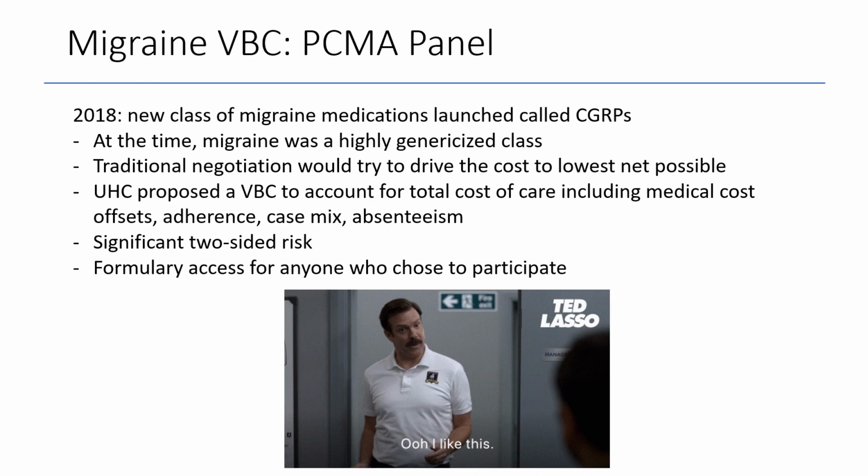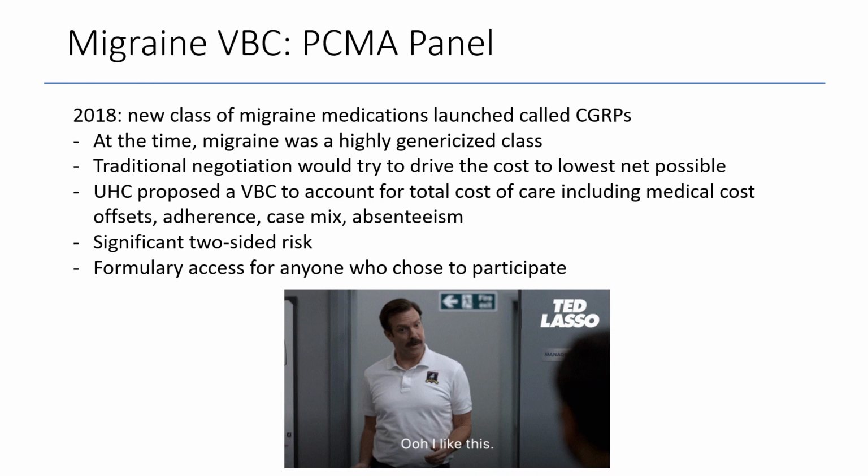And so the cost to treat migraines was not very high other than Botox. But it's pretty difficult to get, you've got to fail a bunch of drugs before you can try Botox. So when these CGRPs were going to be launched, they had really great clinical data associated with them, but they were launching at a relatively high cost compared to what was already out there to treat migraines.